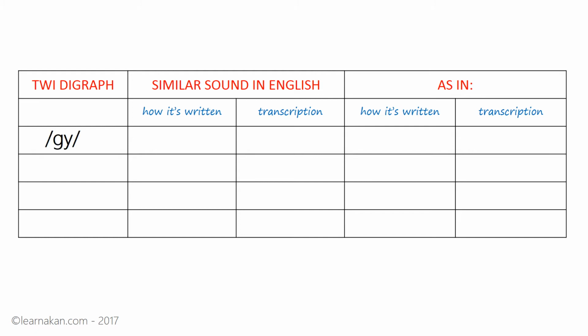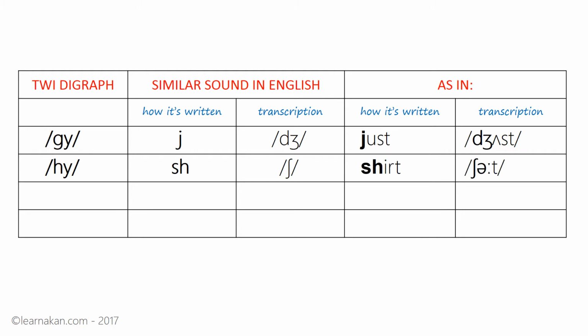J, J, J. This is like the J sound that you find in a word like just. Sh, sh, sh. And this is just like the sh sound that you find in a word like shirt.